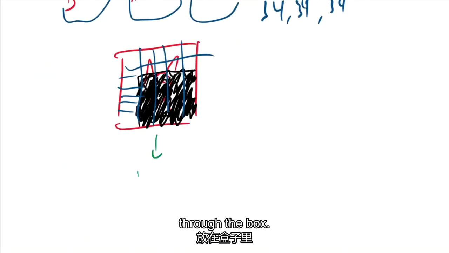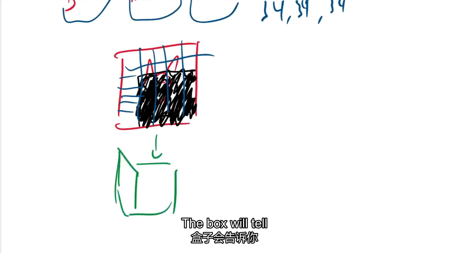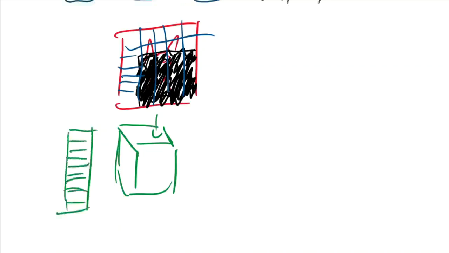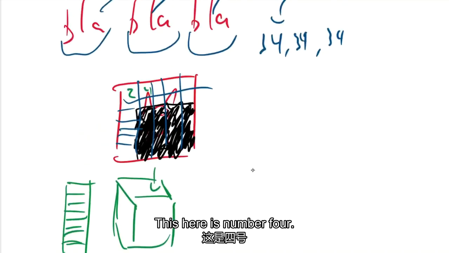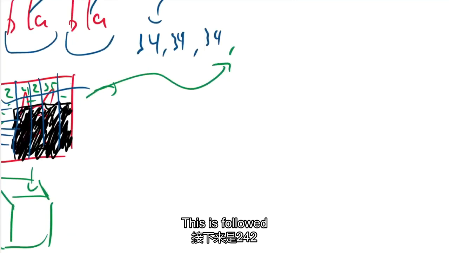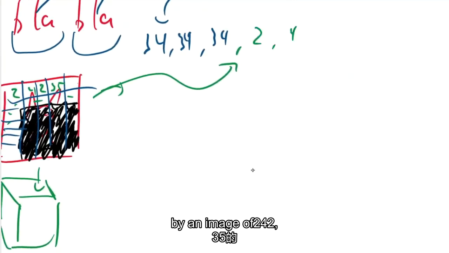The box will tell you for each of these grid outputs, well, in my vocabulary of image pieces, this here is number 2, this here is number 4, this is 2 again, this is 35, and so on. You do this left to right, top to bottom, and then you put it right here. So this is followed by an image of 2, 4, 2, 35.